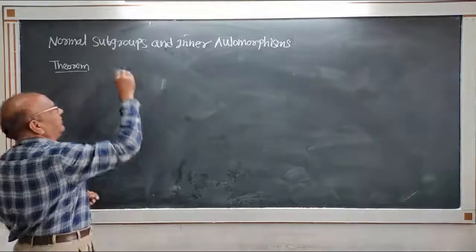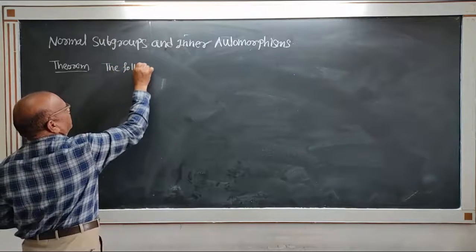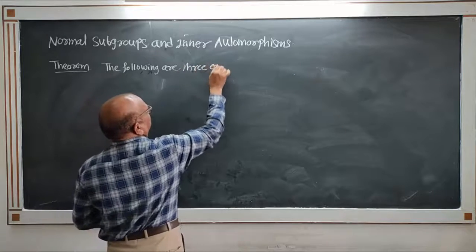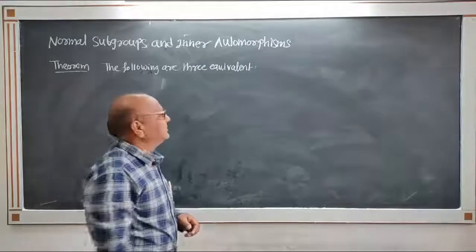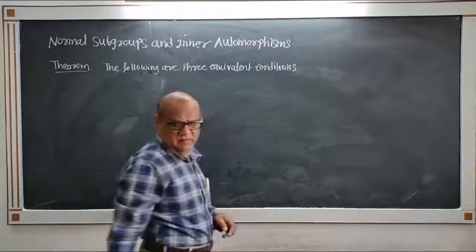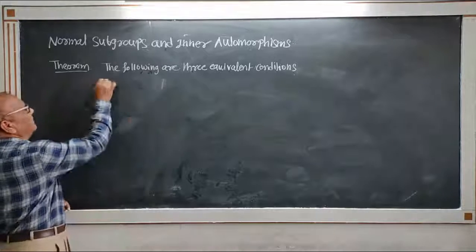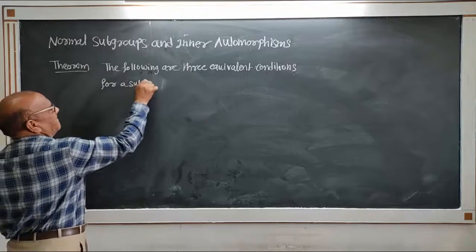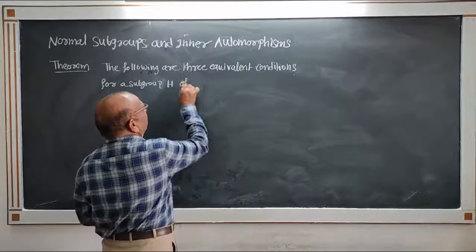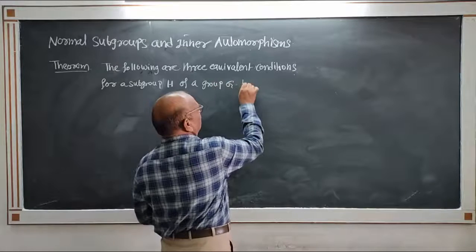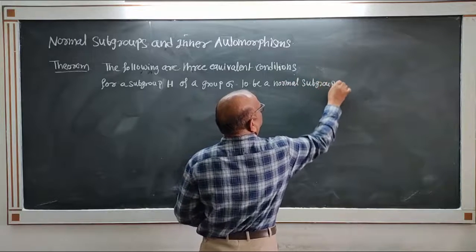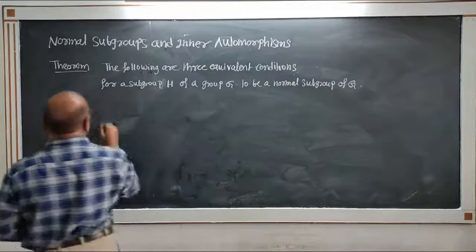The following three conditions are equivalent for a subgroup H of a group G to be a normal subgroup of G.